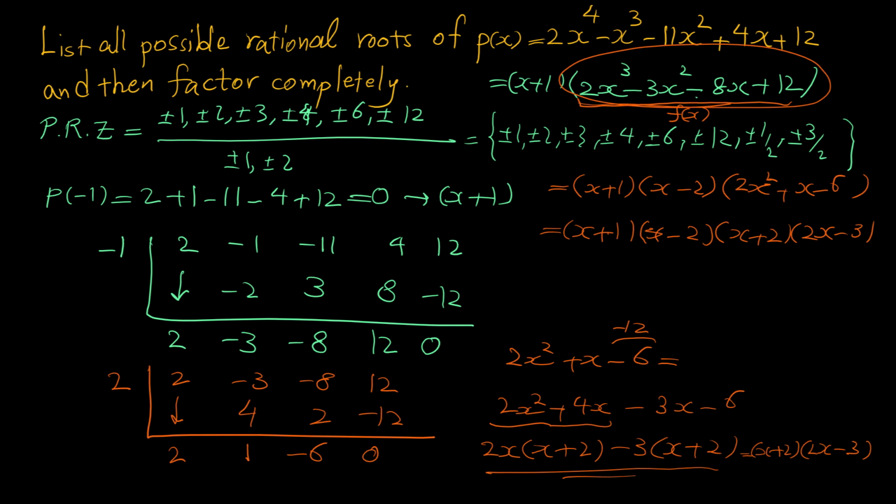I hope by watching this video you have learned about the Rational Zero Theorem, which gives you the possible rational zeros. How can we make sure of the actual zeros? You start by checking these possible rational zeros with the aid of the factor theorem.